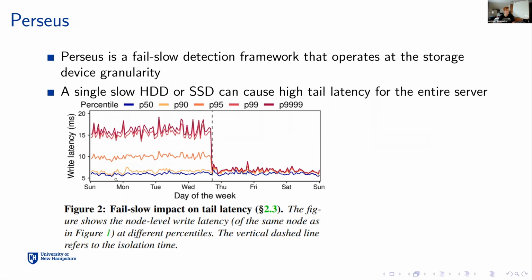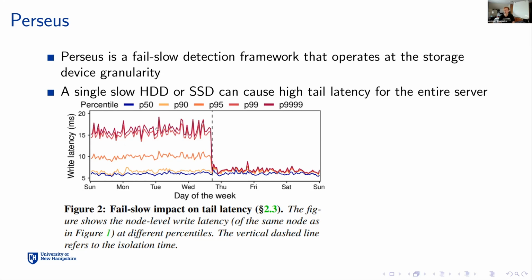To illustrate this, I borrowed this figure from the paper, right? In this example, they have a storage server that is experiencing high tail latency at the P95, P99, and P99.99 percentile, right? So the tail latency is high, but the median latency and even the lower percentiles all appear to be normal.